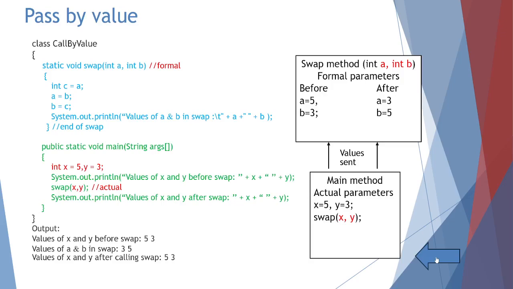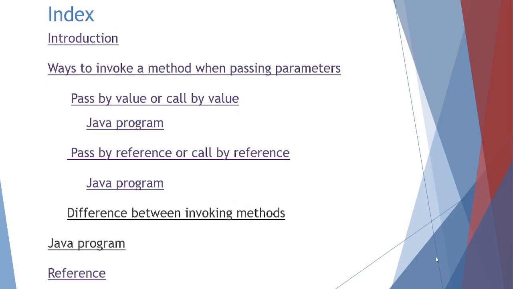Now, after calling swap in the main method, if I print System.out.println the values of x and y, it prints 5 and 3, because x and y are local variables for the main method, and a and b are local variables for the swap method. This is about pass by value, which we understand. But let's see a Java program first of all, then understand pass by reference.